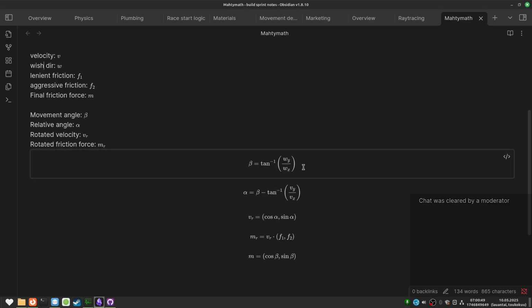So I shouldn't really need to do this. If I have a normalized vector, I take the arctangent, and then I do this. I think I just get the same vector, right? So right now, m is equal to w. I think.